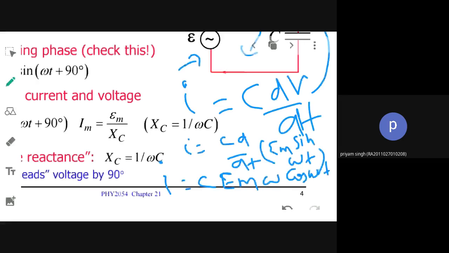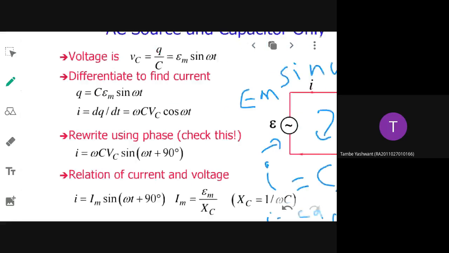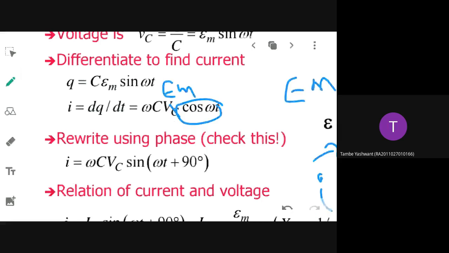Now this omega C I can group together, and Em I can take out. So Em omega C cos omega t is what I have got after differentiation.